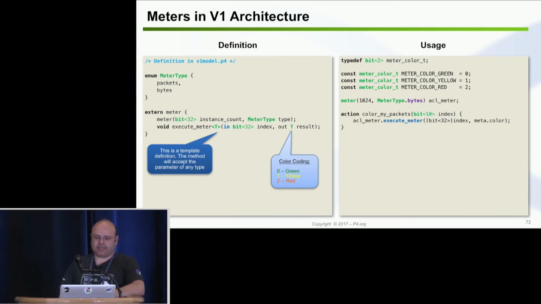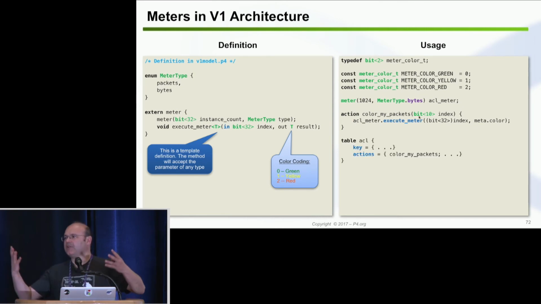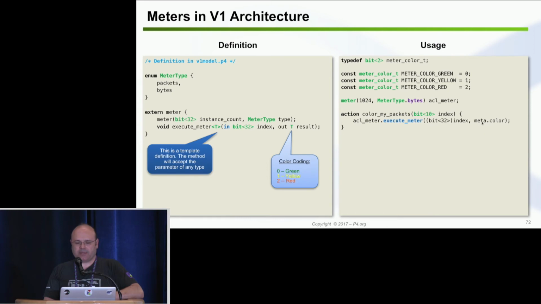And then I just decided to have a function which calls the execute meter method. What it does is it basically calculates the color of the packet and stores it in the meta color. So it's a field in some of my metadata structure.